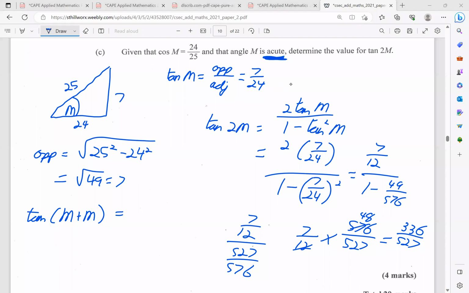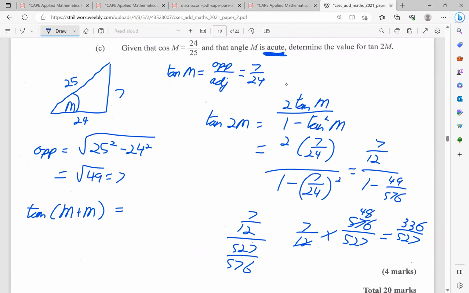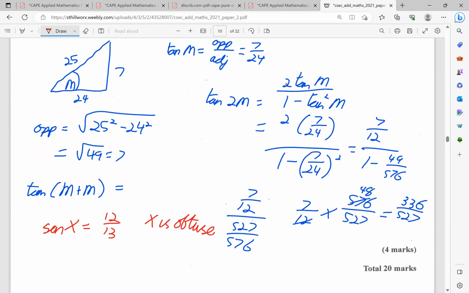They'll give you an obtuse angle. So if it's obtuse, let me just say sine x is 12 over 13 and x is obtuse, right?